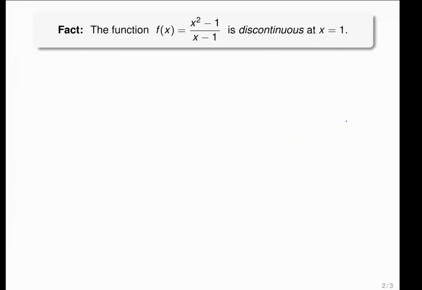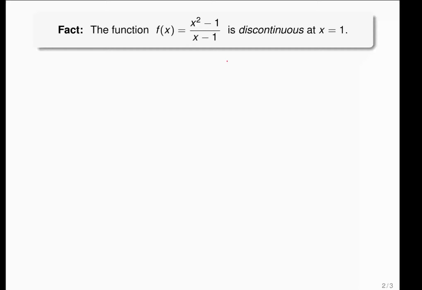Before we sketch the graph, let's try and investigate the discontinuity at x equals 1. As tempting as it may be, we're not allowed to write f of 1, because 1 is not part of the domain, and so the function is not defined there.